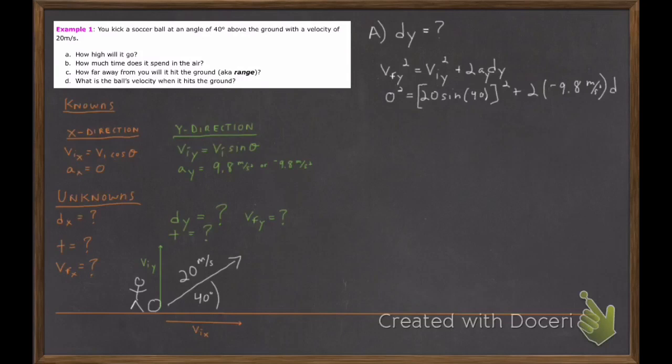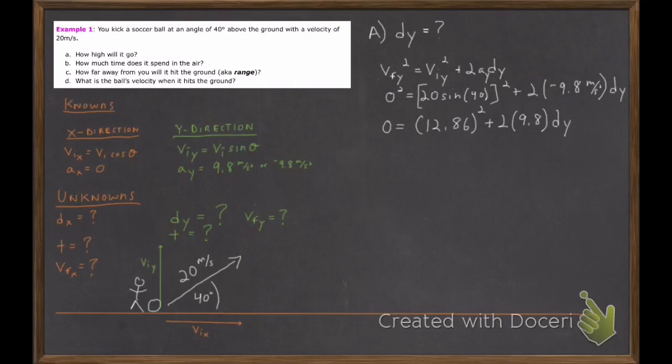And that is times d sub y. When we figure these computations out, we get 0 is equal to 12.86 squared plus 2 times 9.8 dy.